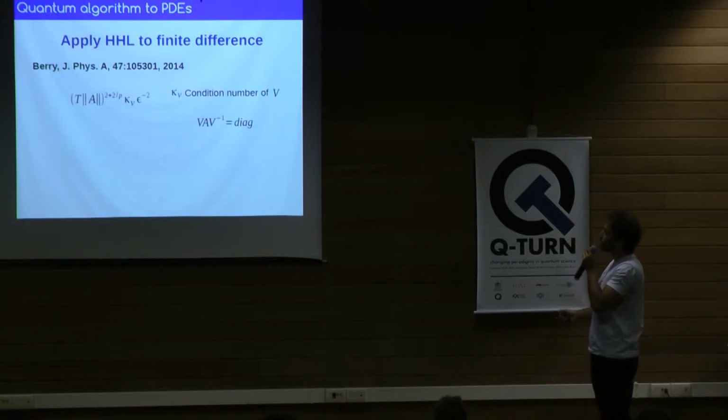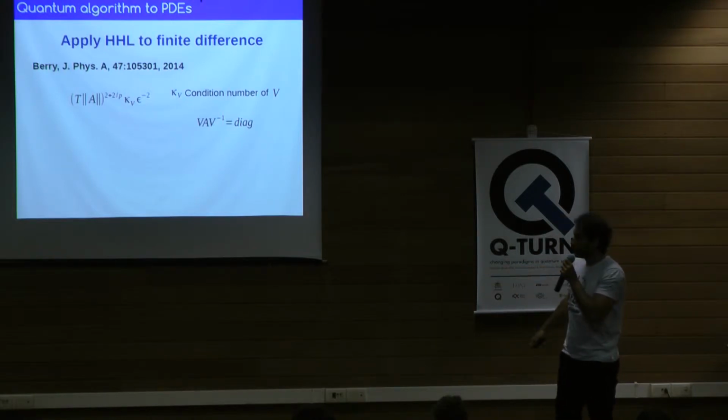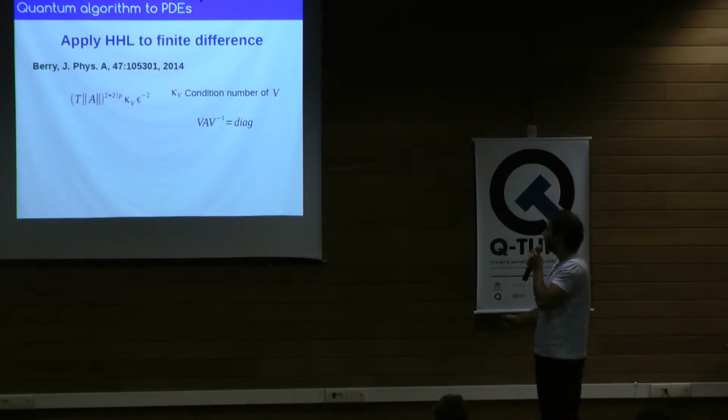At first, Berry applied the HHL algorithm directly, but he didn't get such good results. Then he did a clever thing afterwards, and he got this complexity for solving these problems.